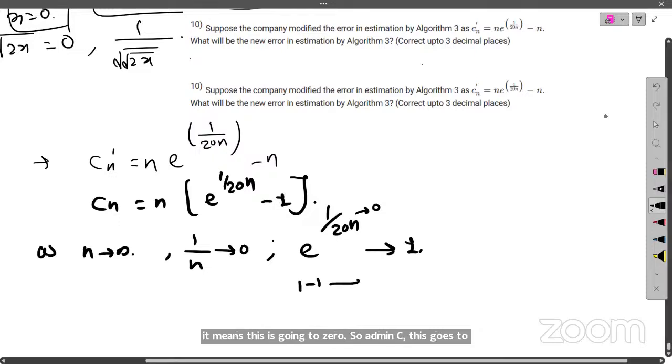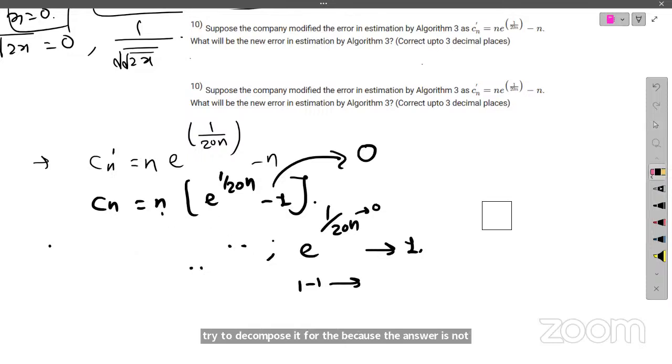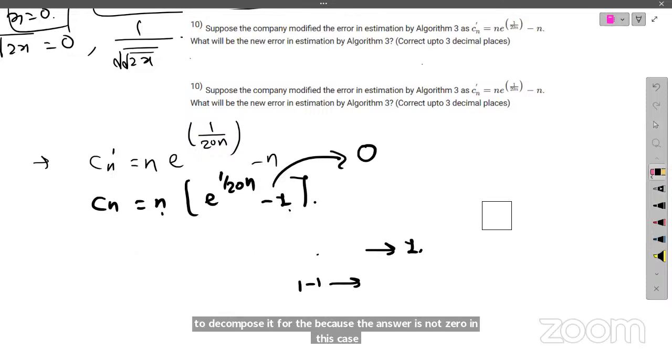So 1 minus 1, this factor will go to 0 and the other factor will go to infinity. Whenever we have such behavior, we might take it to be equal to 0, but let's decompose it further, because the answer is not 0 in this case. We have to adjust something and replace our limit by 1 by n.